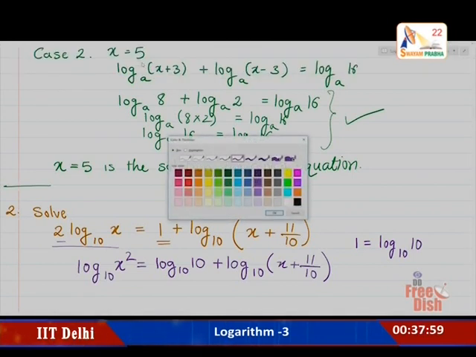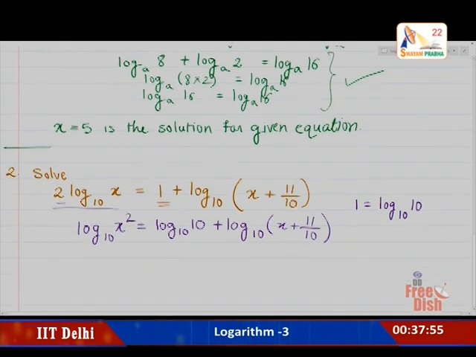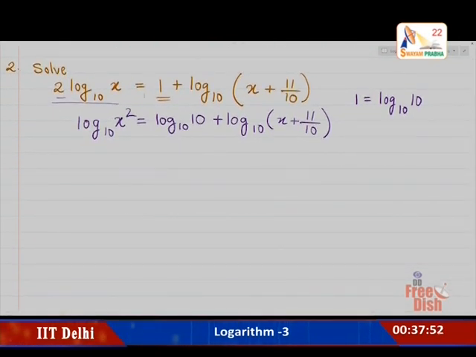I will put the color as green again and try to solve this problem. Now all the bases are the same, so I can use my multiplication rule. It will be log to the base 10 of 10 into x plus 11 by 10.